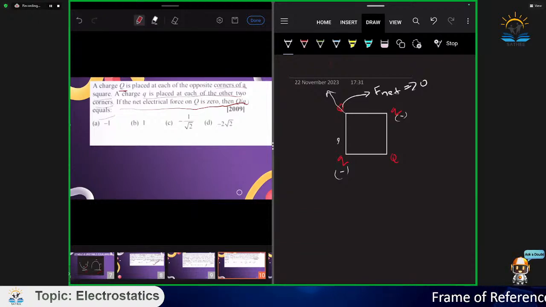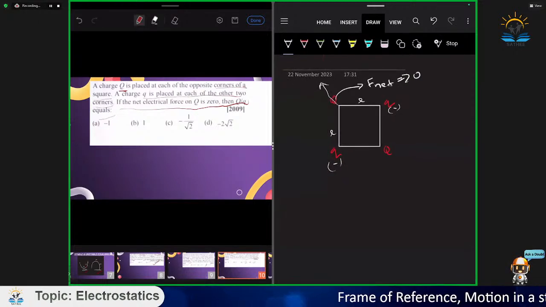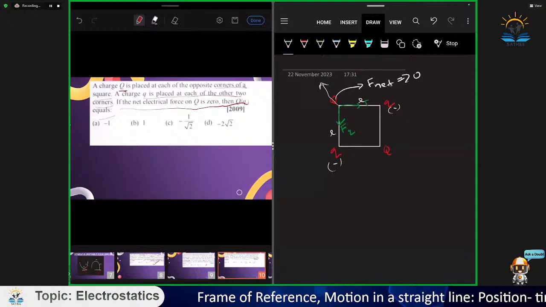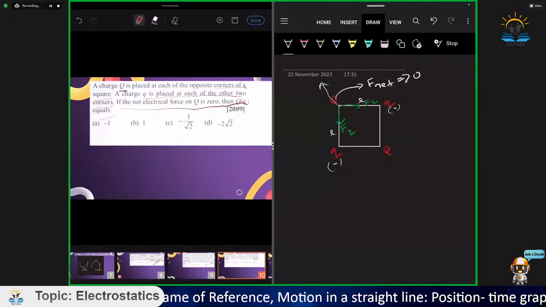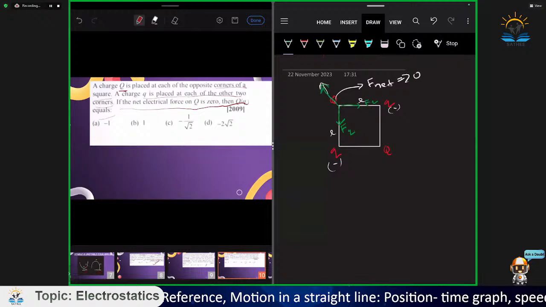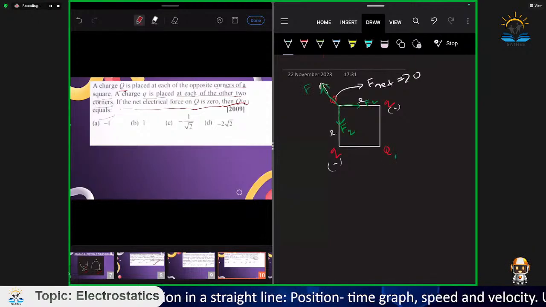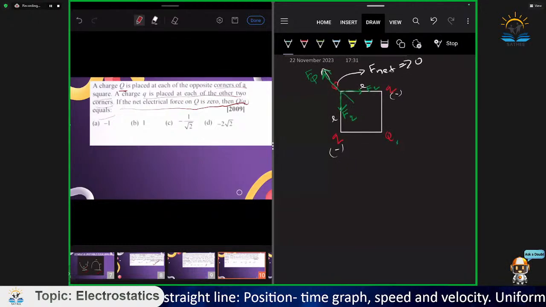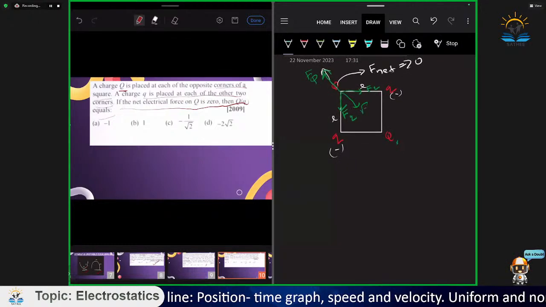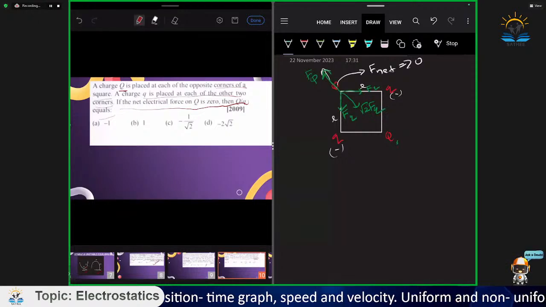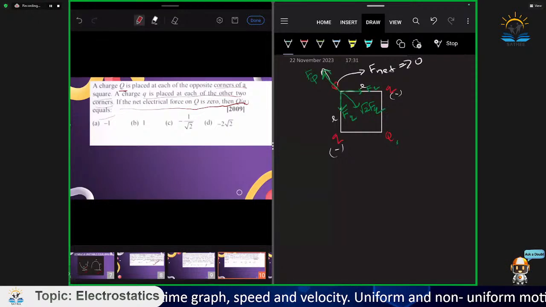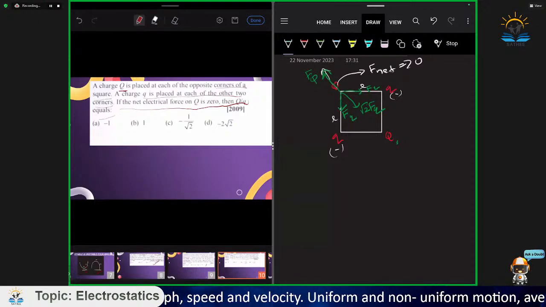And the length of the square is L. So Fq, the same Fq will act in this direction, and repulsive force will act because of this capital Q. Here the net will be root 2 Fq, because root of F square plus F square, root of 2F square, that is root 2 Fq.